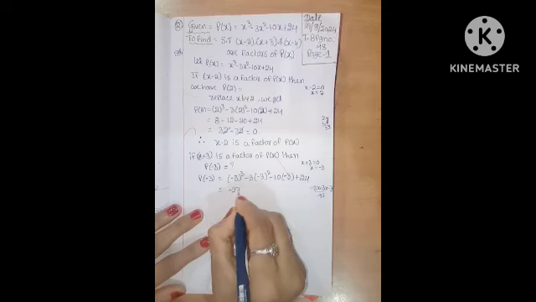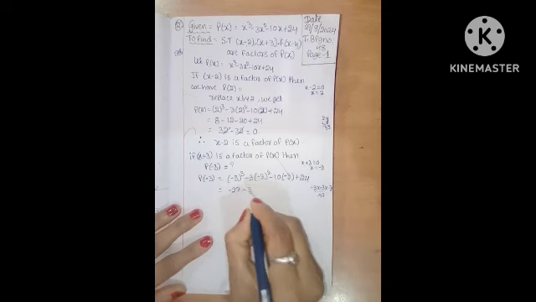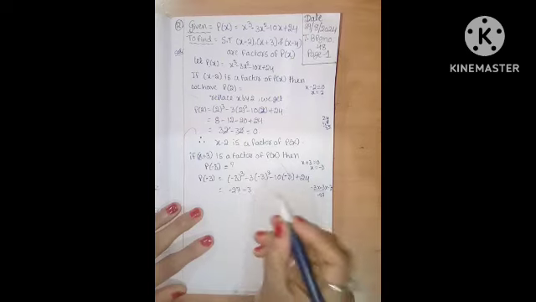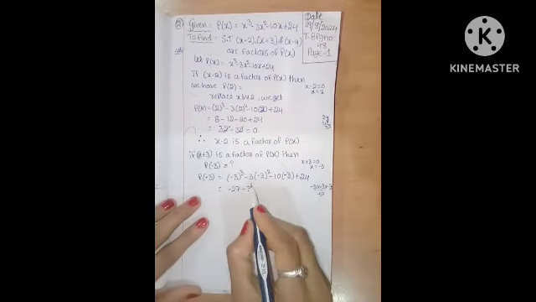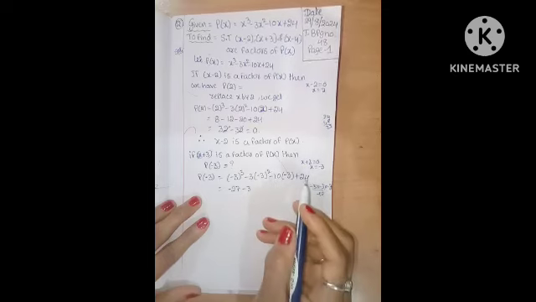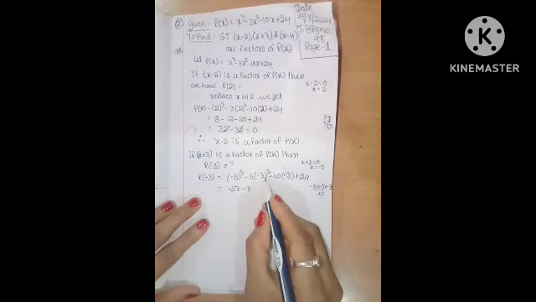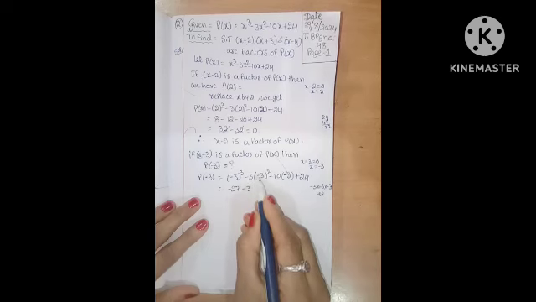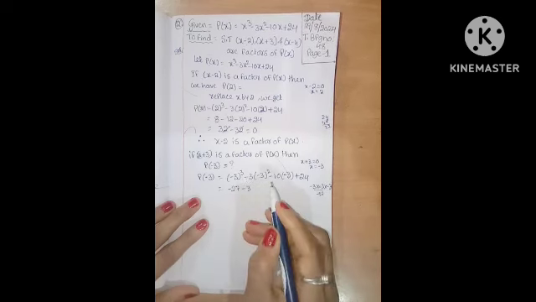So minus 27. Next, minus 3 whole square, removing the brackets: minus 3 into minus 3 whole square, which is 3 square, that is 9. Plus 9, plus 9 into minus 3.